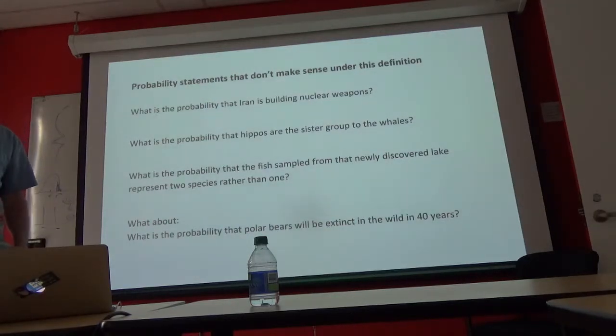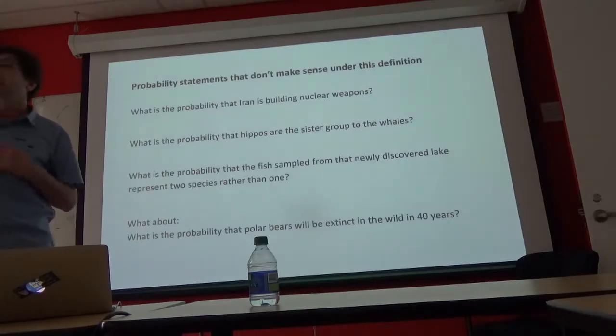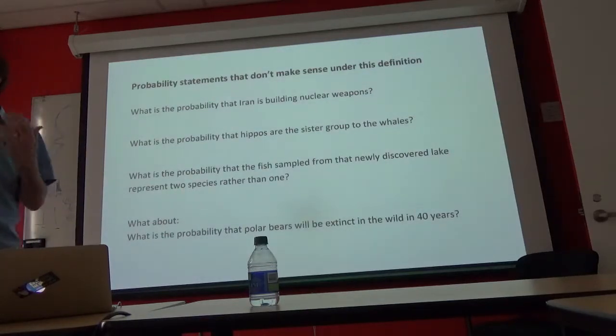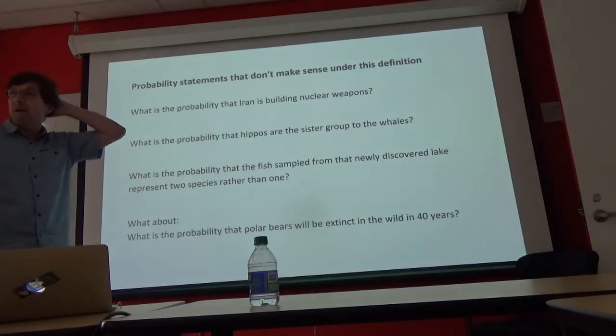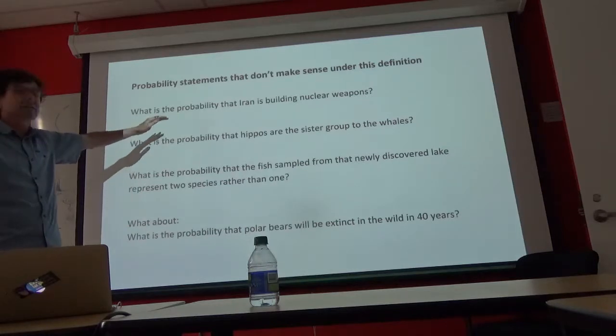Well, you ask yourself, first of all, what's the random trial here? Are there multiple universes, in each of which there's a planet Earth with a country called Iran, and in some fraction of those universes Iran is building nuclear weapons, and in the other fraction they are not? That's pretty stupid. This statement is about uncertainty, but it has nothing to do with frequency.